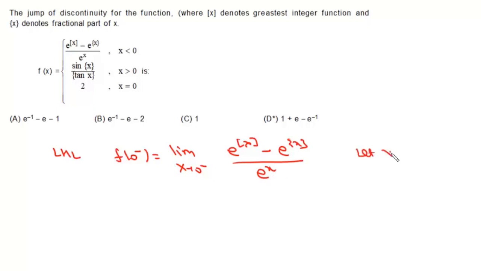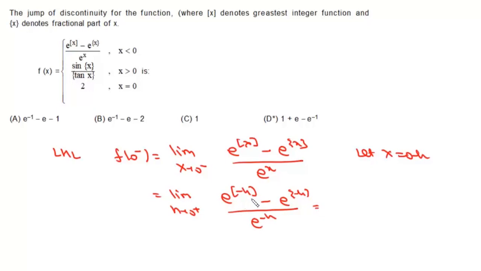Now we let x as 0 minus h, so it will be the limit h tends to 0 positive of e to the power greatest integer function of minus h minus e to the power fractional part of minus h, upon e to the power of minus h.